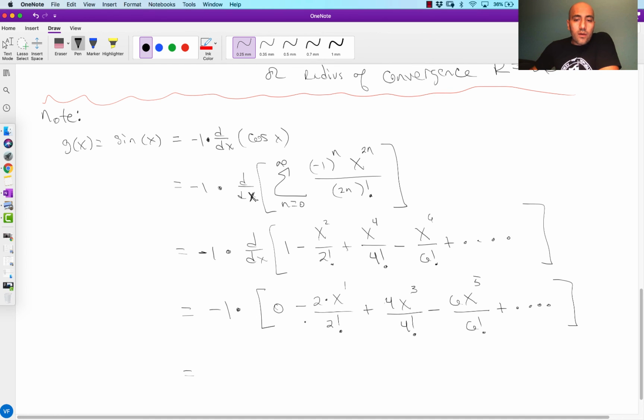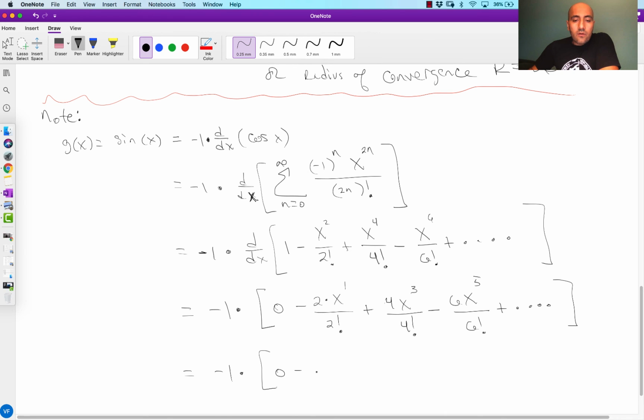Now notice that the 2 and this 2 factorial can reduce to give you 1 factorial. This 4 and this 4 factorial can reduce to give me a 3 factorial, and then a 5 factorial. And so the pattern is getting a little bit easier to see.